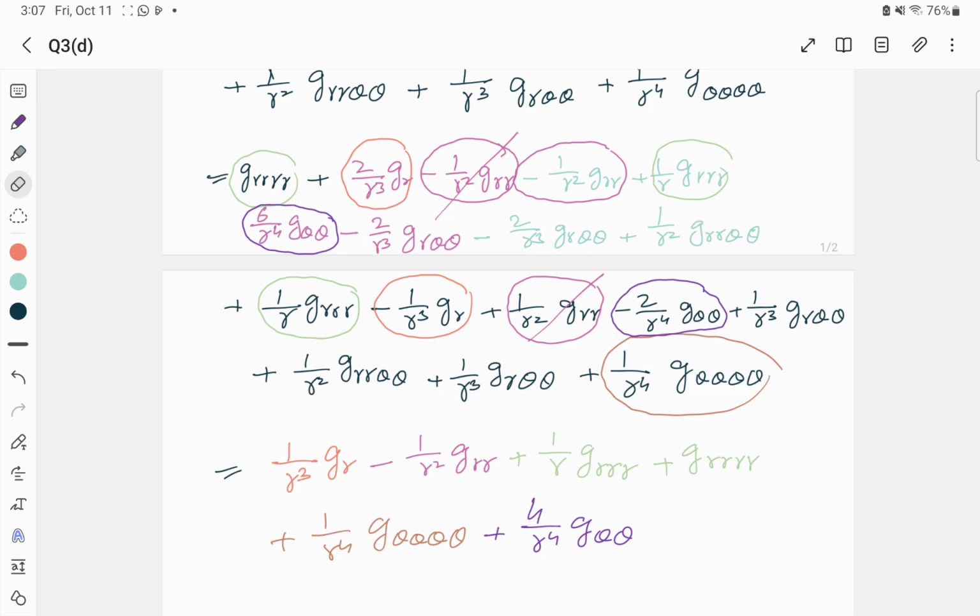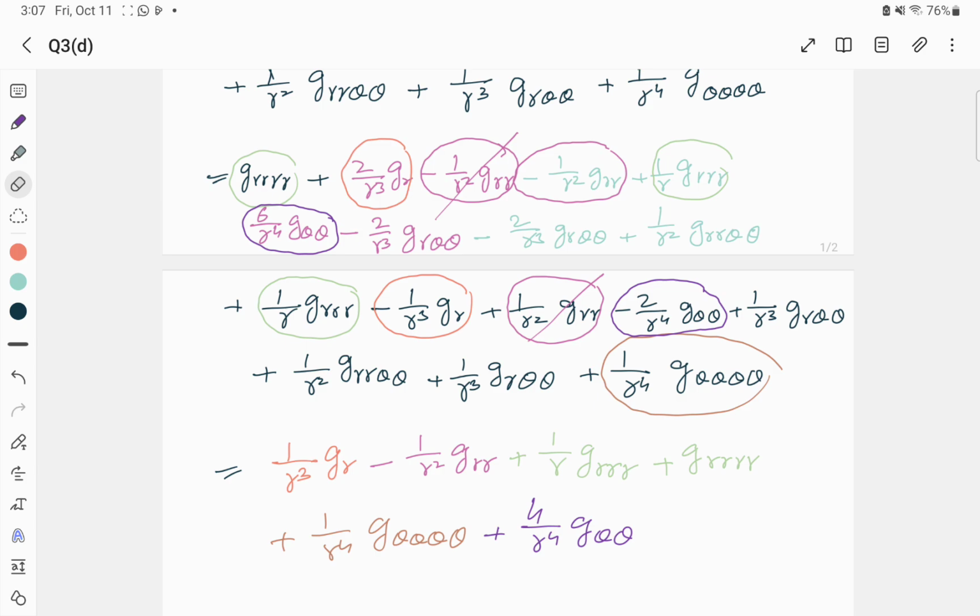Okay, now we come to terms with a combination of theta and r, but firstly I will be looking at more theta than r. Let's look if there are 3 thetas and single r. There are no 3 thetas and single r, but let's look at double theta and single r first.